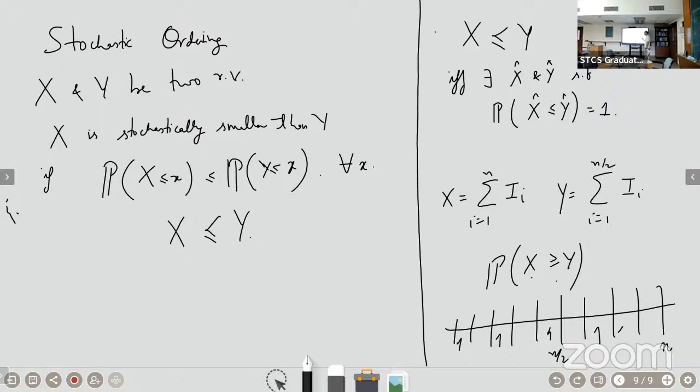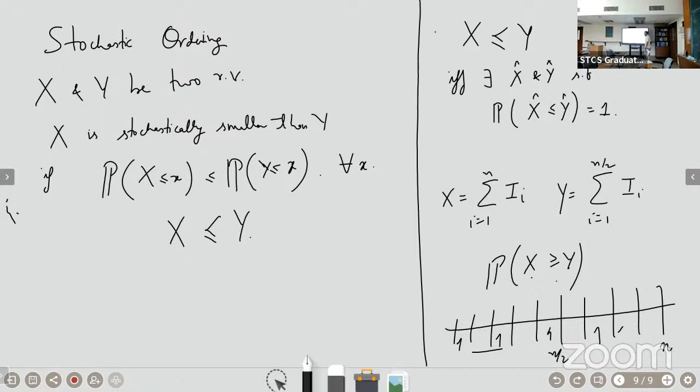Forget about X and Y's. Some process is generating these ones. Whichever ones I get to see in the first n by 2 places, I add and call it Y hat. And whichever ones I get to see, which will contain all the ones I've already counted, I call X hat.